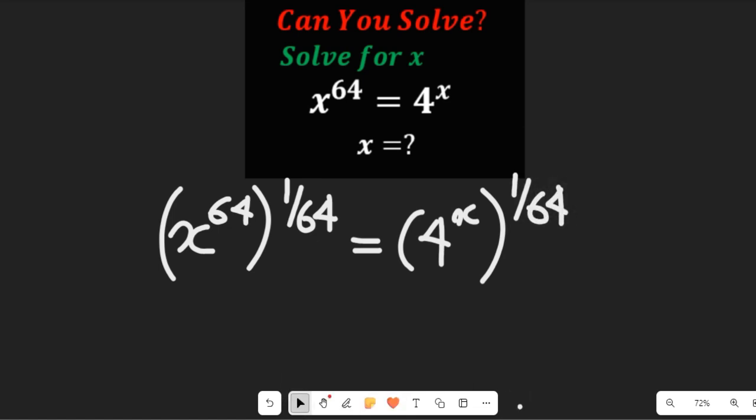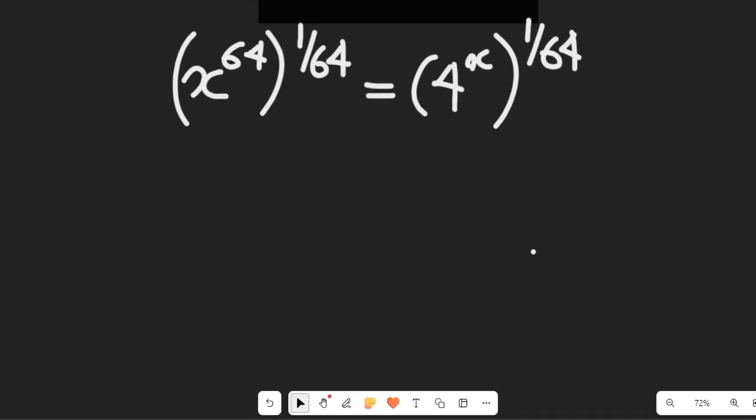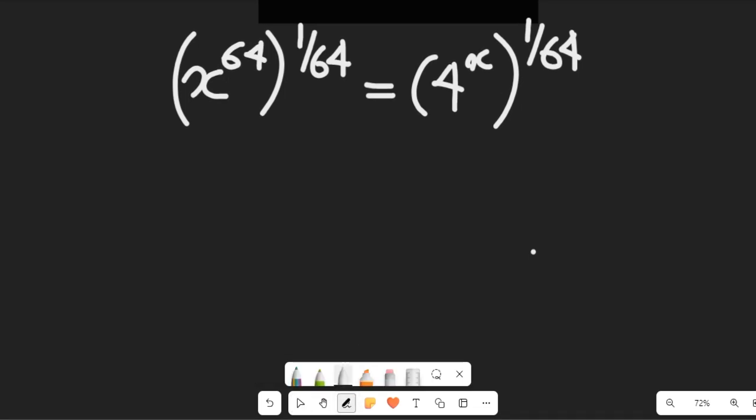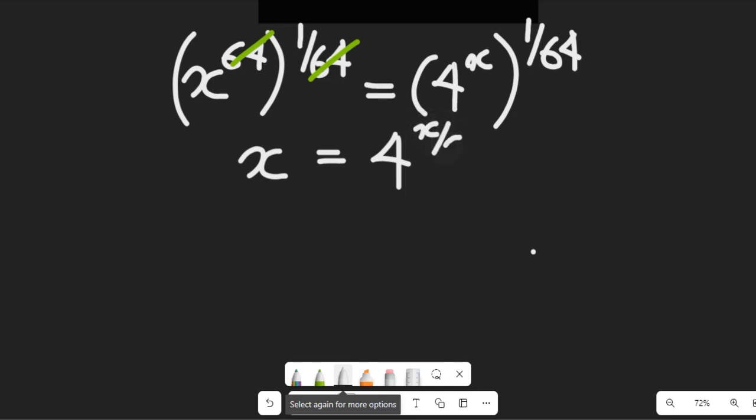Now in the next step, I will see how to reduce this problem. All I need to do is see that 64 clears 64, and on that side I'll be left with x, and my x will be equal to 4 to the power of x divided by 64.